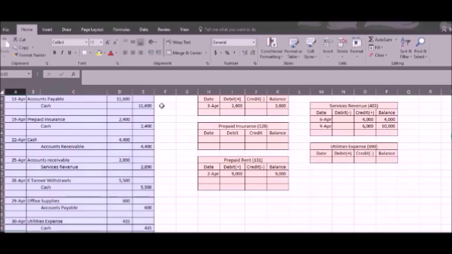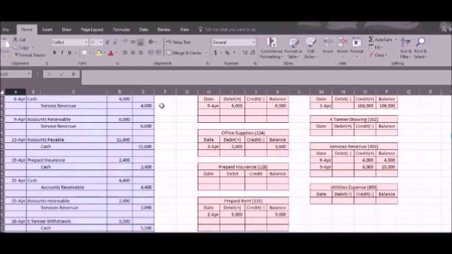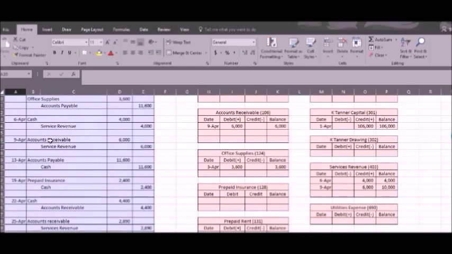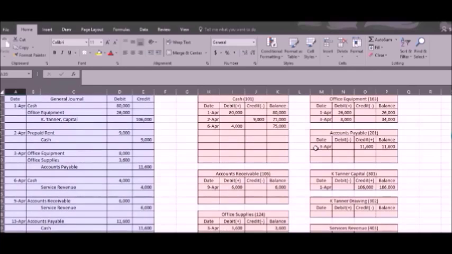Now let's go through and post the ones that we haven't posted yet, right? Remember, we did up through April 9th, so we're going to start with this debit to accounts payable on April 13th. Coming over here to my ledger, and I'm finding accounts payable, and this is the 13th, right? So I'm going to take that debit of $11,600.